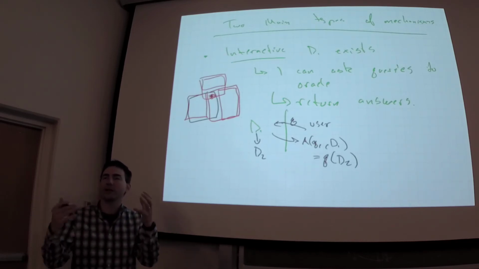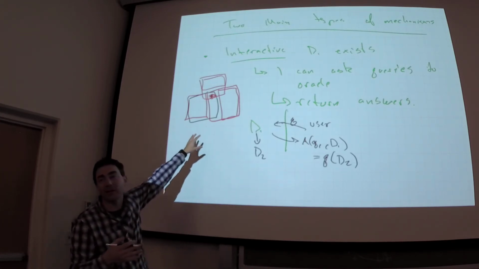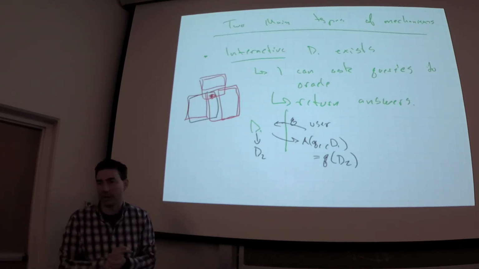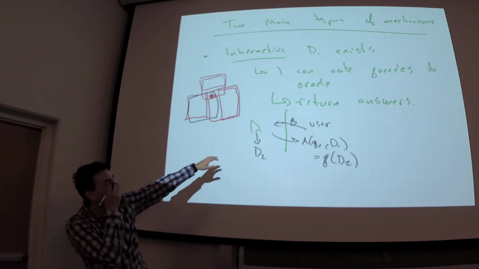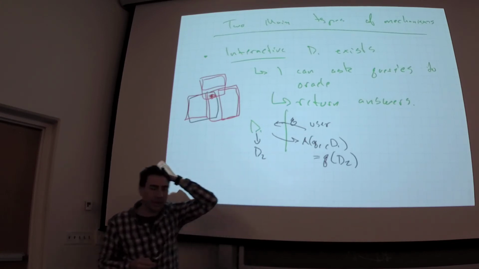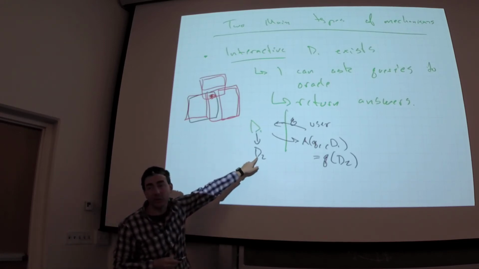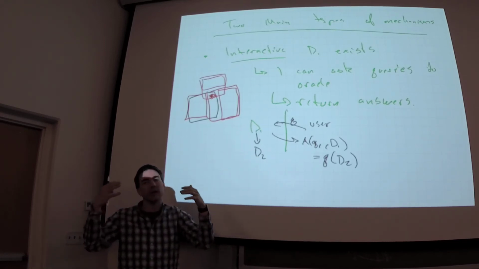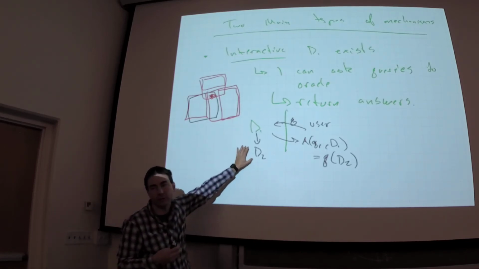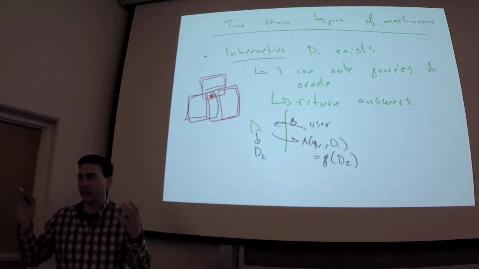So if someone starts trying to zero in on an answer, I can decide how to reply to these queries dynamically, interactively. This gives more power, and I can give more accuracy than if I first set D2. If I first set D2, I can't give as much accuracy. I have to add a lot more noise into how I store D2, otherwise it gives me less power in some way.